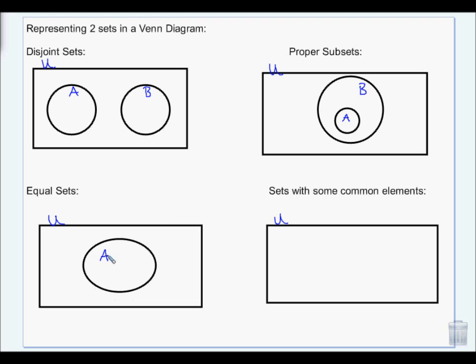You only have one circle and A equals B. And then you have some sets that have some common elements. This is probably the Venn diagram you guys are most familiar with seeing before, where the circles overlap. So it's not exactly a subset situation, but they have some things in common.